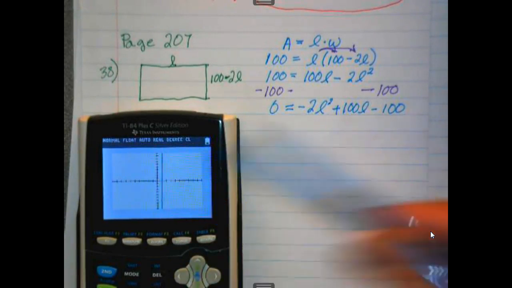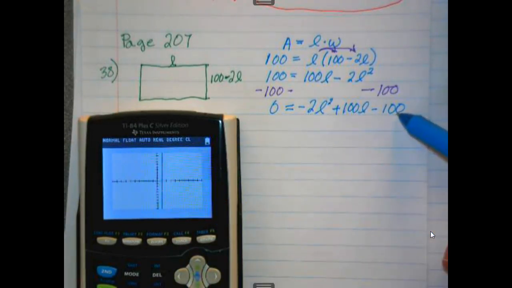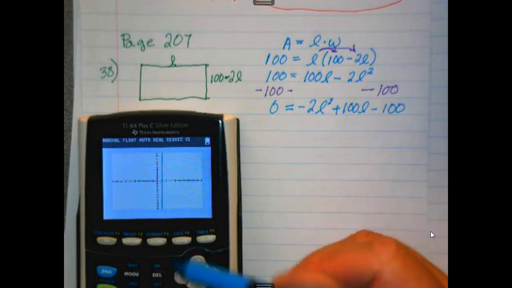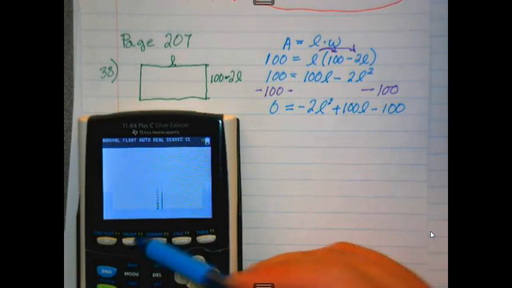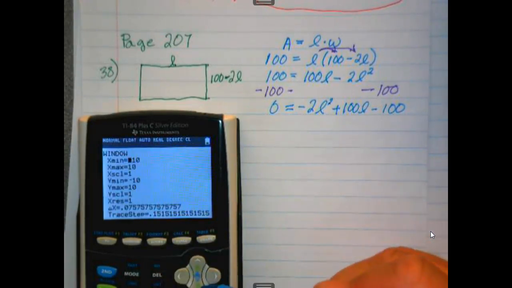So let's see, our initial height here is 100, right? So might as well start there first. Let's go to our window. I'm going to put this at 200, see what happens.